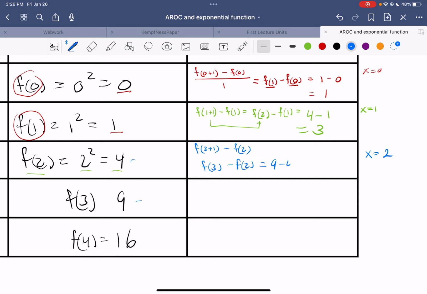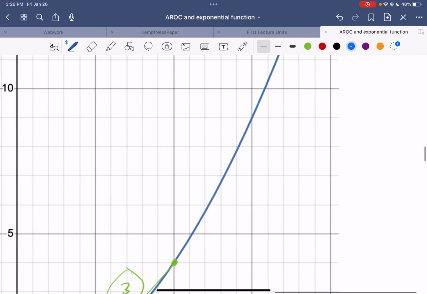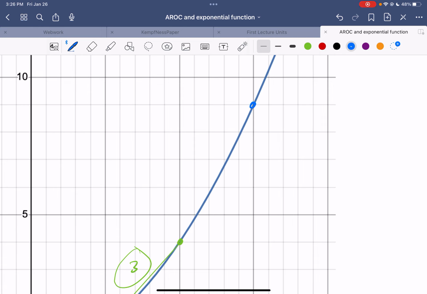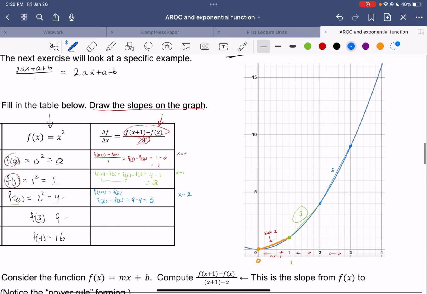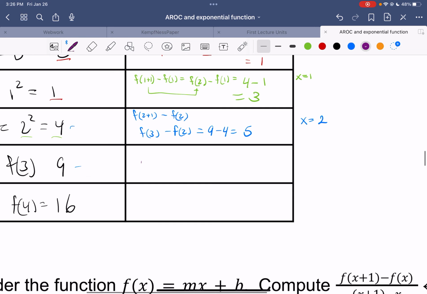So 9 minus 4 is 5. And so it turns out that over here, going from 2 to 3, that has slope 5. And we can continue this. We'll do purple. So maybe you see the pattern by now.